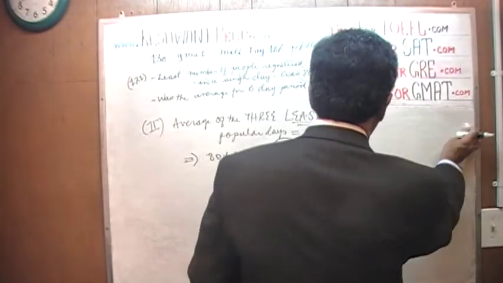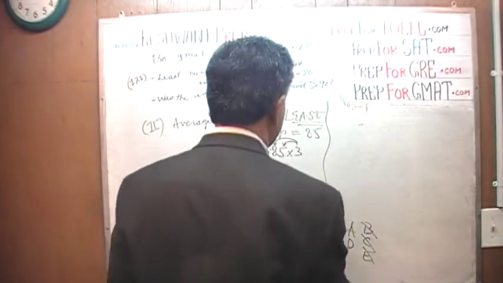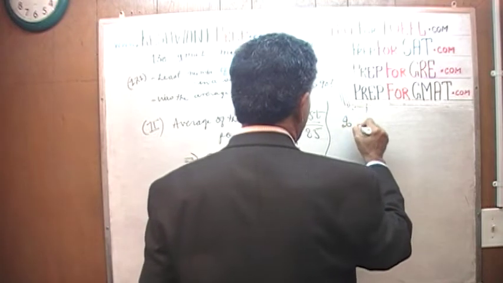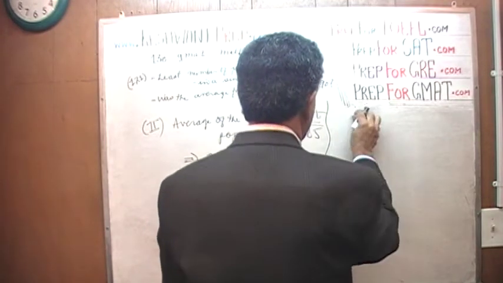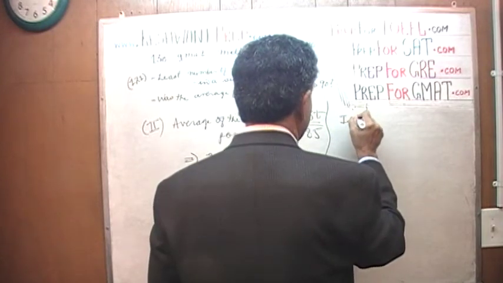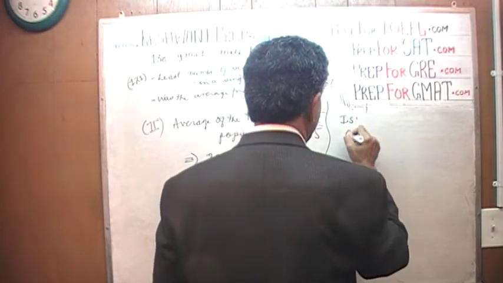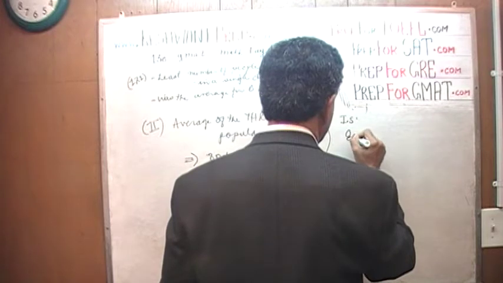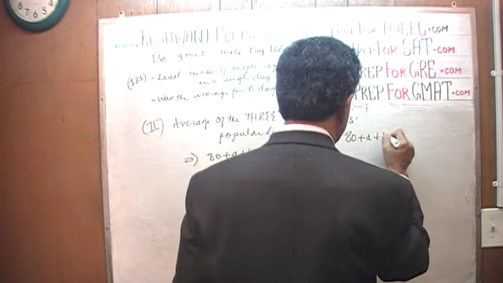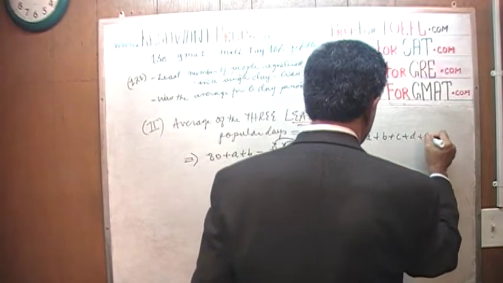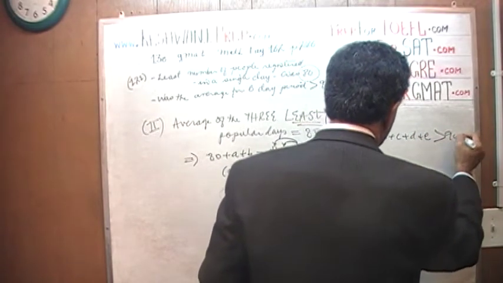So the question that boils down to is: is 80 plus A plus B plus C plus D plus E greater than 90 times 6?